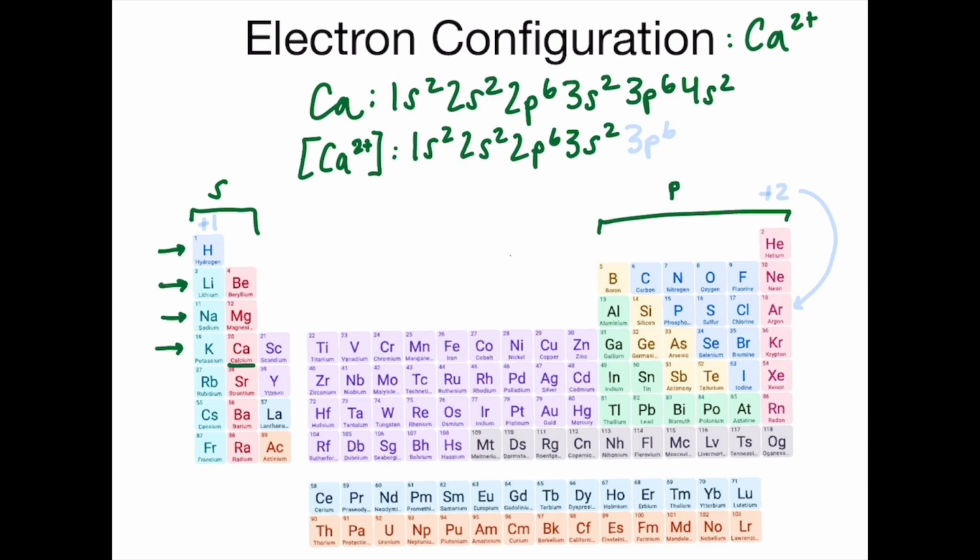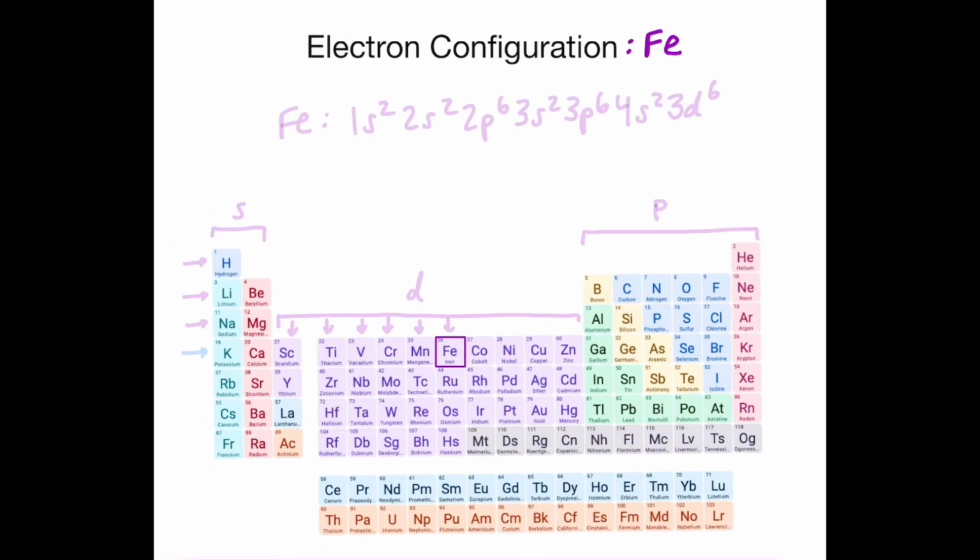So we know if we lose one electron, the first column would be +1 for calcium, but we need to lose 2 electrons. So here would be the +2 for calcium. We'd be in the previous, so it would be chemically identical to argon. So that puts us at 3p6.